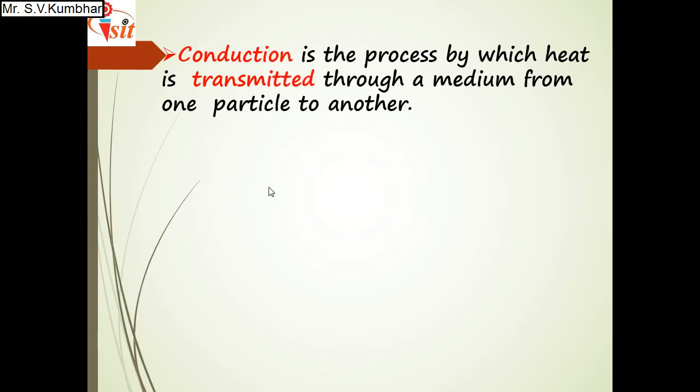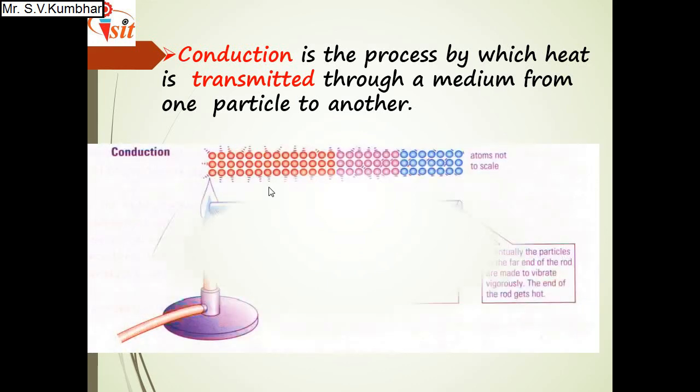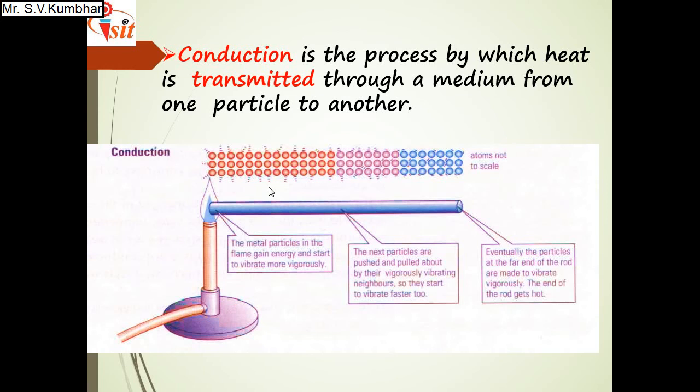Conduction, as we have discussed already, is the process by which heat is transmitted through a medium from one particle to another particle in two ways, either by lattice vibration or by transfer of free electrons. The same example is shown. A metal rod is heated at one end. At first what will happen?